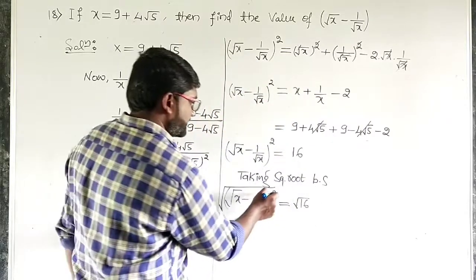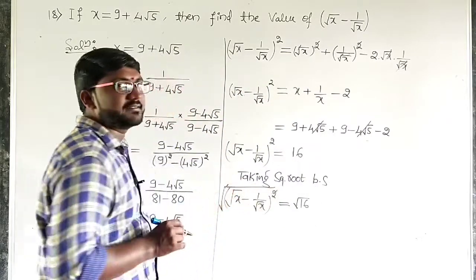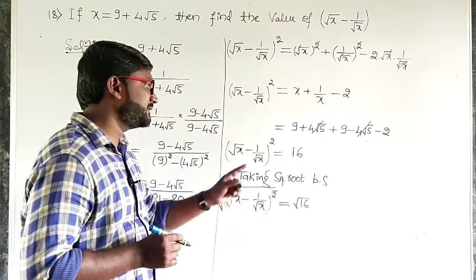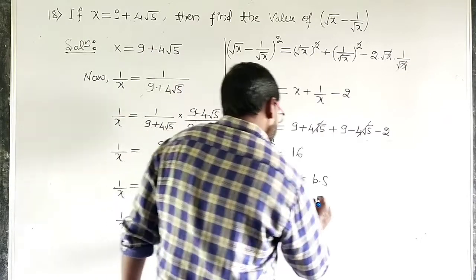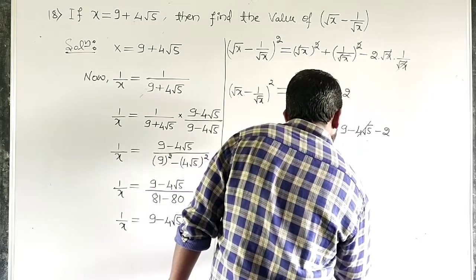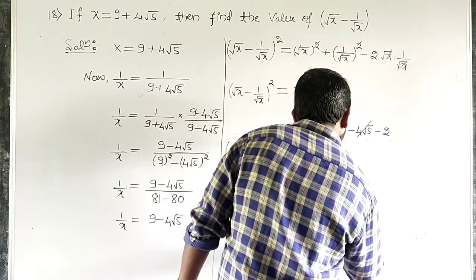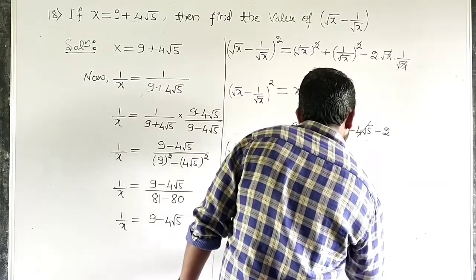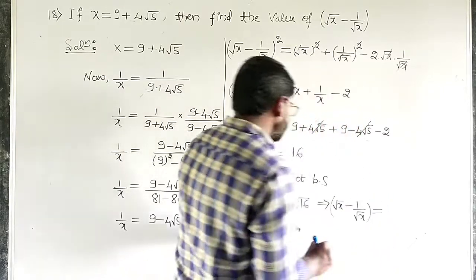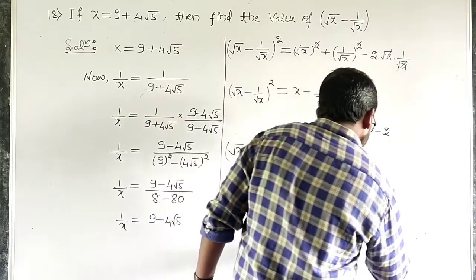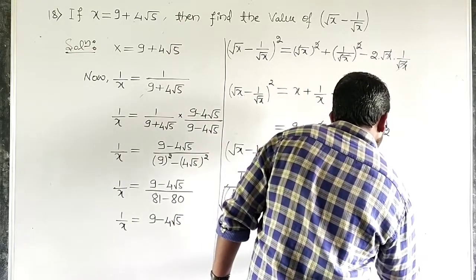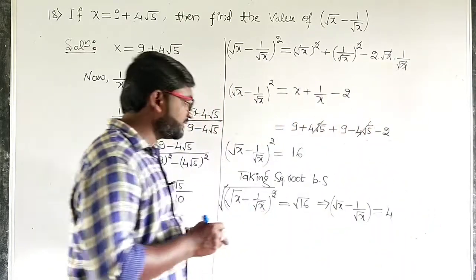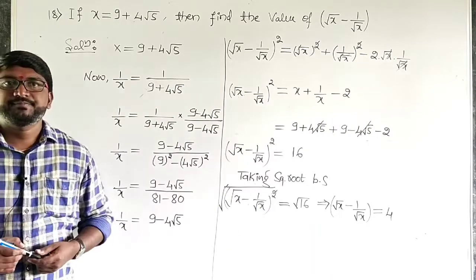Now square and root get cancelled. We have only root x minus 1 by root x. This implies root x minus 1 by root x is equal to root 16, which is 4. This is the required value. So this is all about the 18th problem.